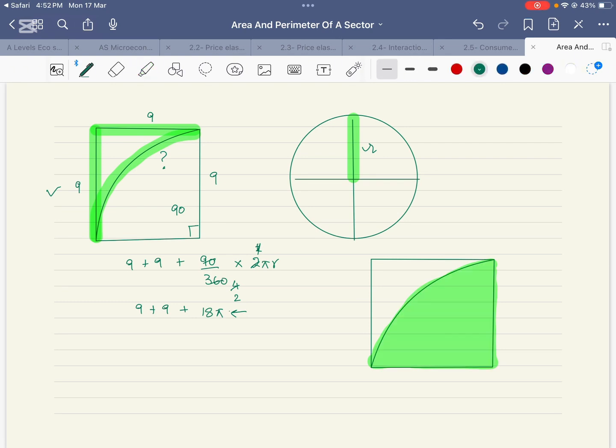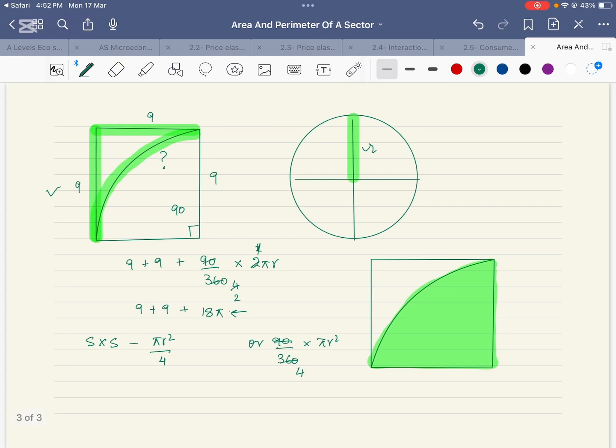Area of the square is side multiplied by side, minus the area of the quadrant, meaning pi r square divided by 4, as a quadrant is the fourth part of a circle. Or if you write 90 upon 360 into pi r square, this gives you the same result, pi r square upon 4.